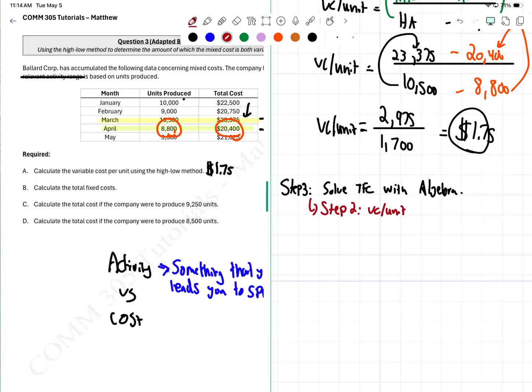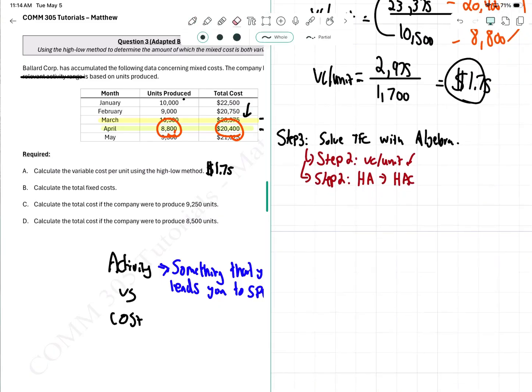That's one part of the total cost equation. Also in step 2, we have the highest activity and the highest activity cost, HAC. So basically what we see here is that we have 3 elements of the total cost equation. Our total cost equation is our VC per unit times the number of units plus the total fixed cost.